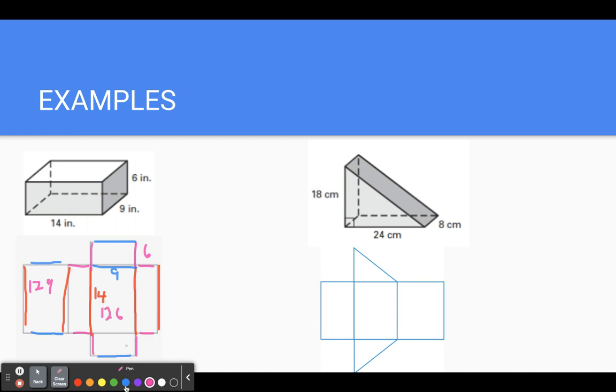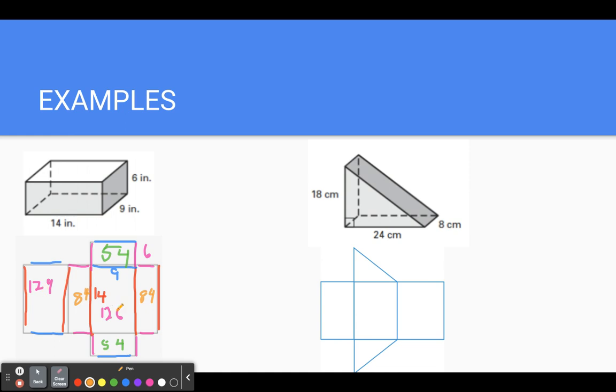This one is 9 times 6, which is going to give us 54, which means that those two are the same. And then our last pair is going to be 6 times 14, which gives us 84.